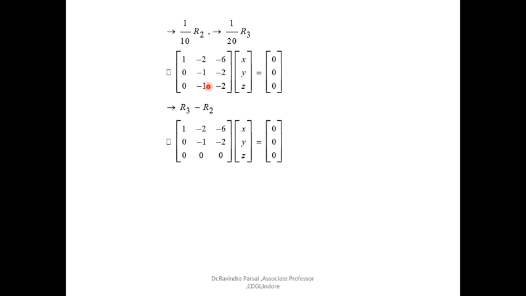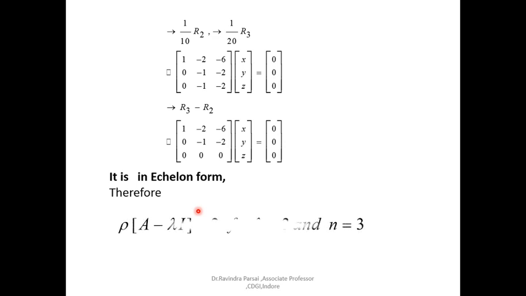Now you make this position element 0, so on applying R3 minus R2, you will get 1, minus 2, minus 6, second row as it is, 0, minus 1, minus 2, and the third row is 0, 0, 0. This is also an echelon form. Therefore now you conclude the rank: the rank of A minus lambda I equals 2 for lambda equal to 15, and the number of unknowns is 3.